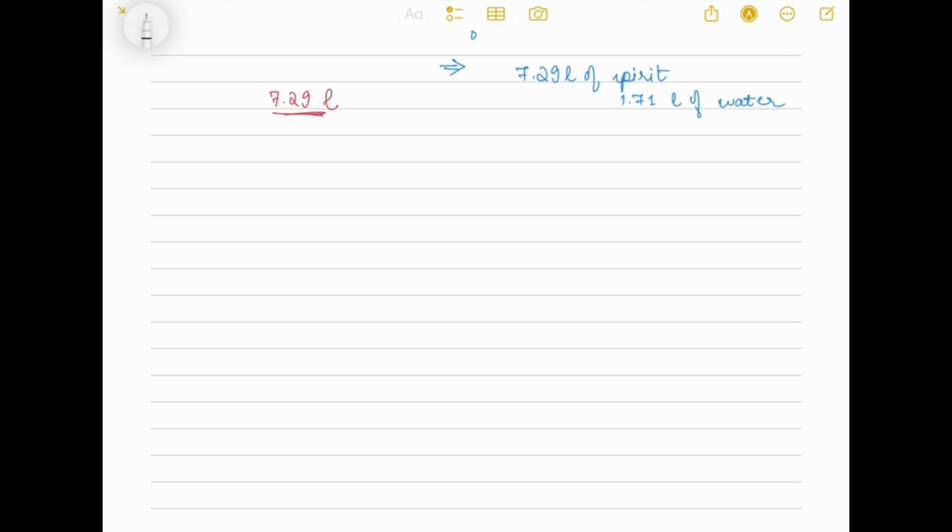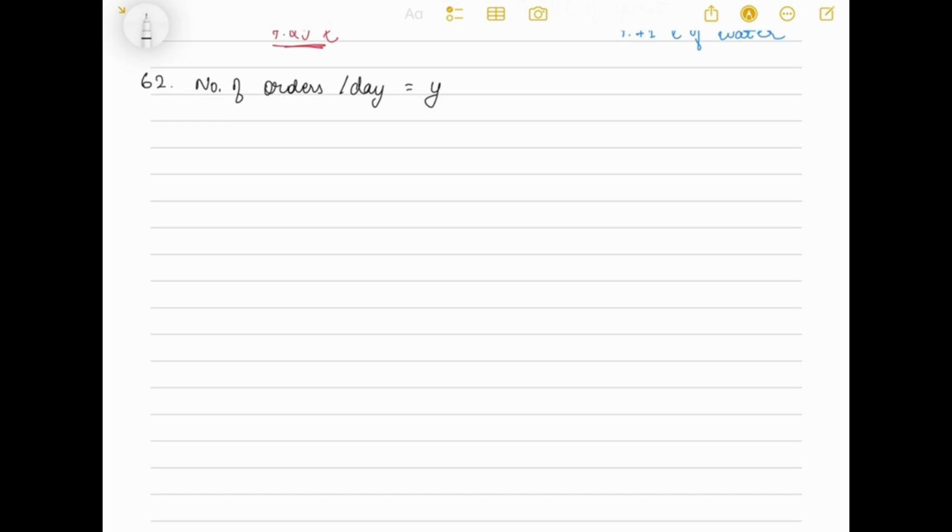Now coming to the next question, 62. A transporter receives the same number of orders each day. So let the number of orders per day be Y, and currently he has some pending orders to be shipped, the backlog, which we can consider to be X. If he uses 7 trucks, then at the end of the 4th day he can clear all the orders.